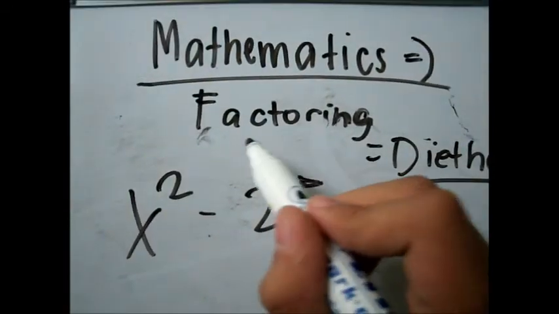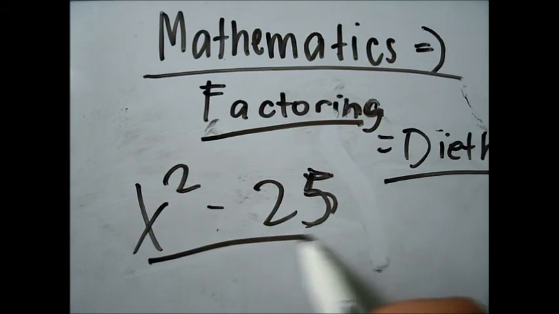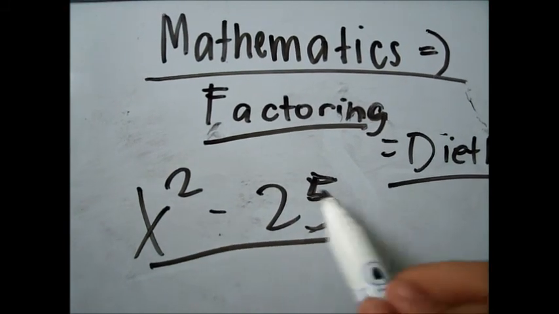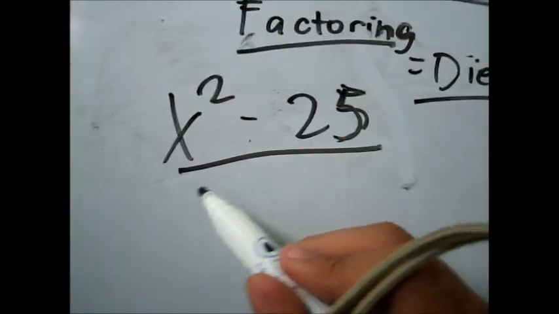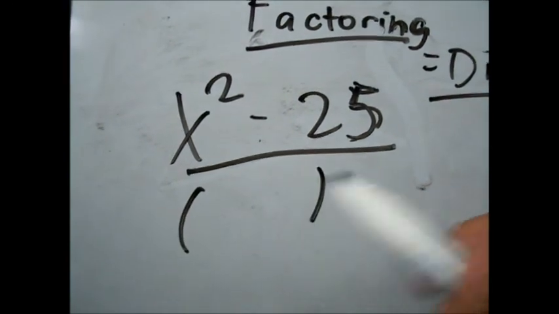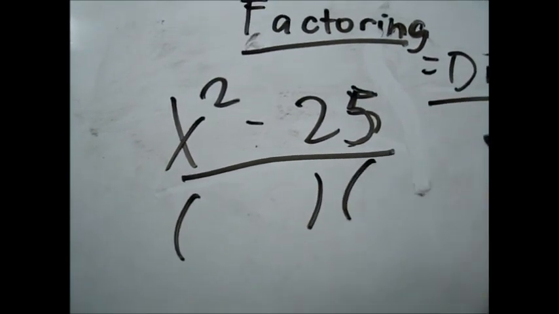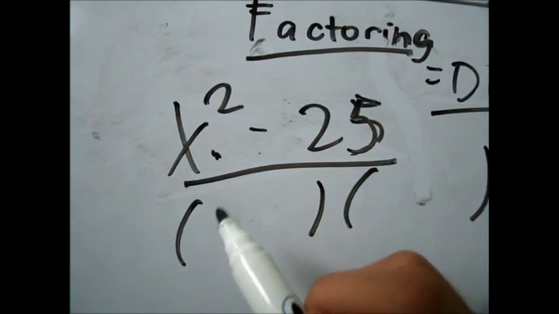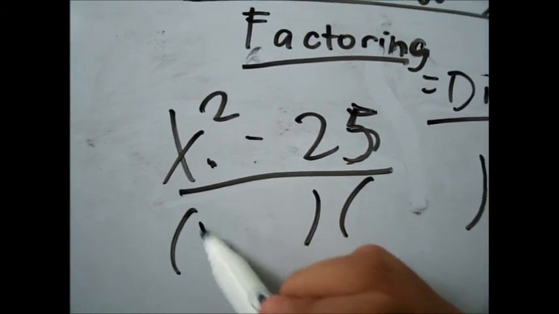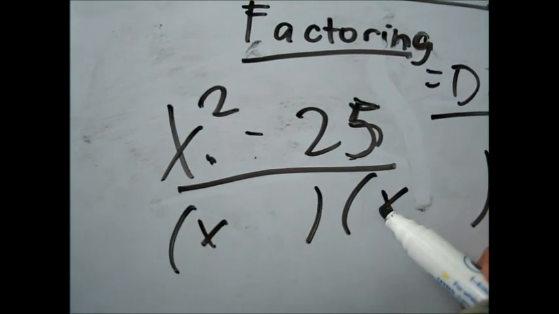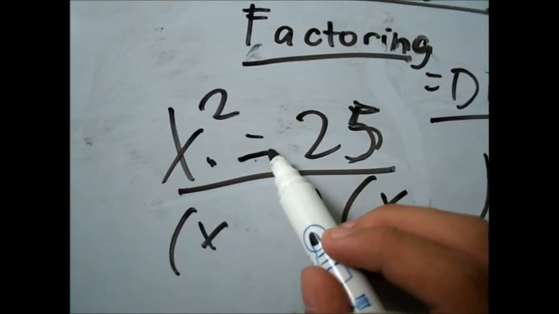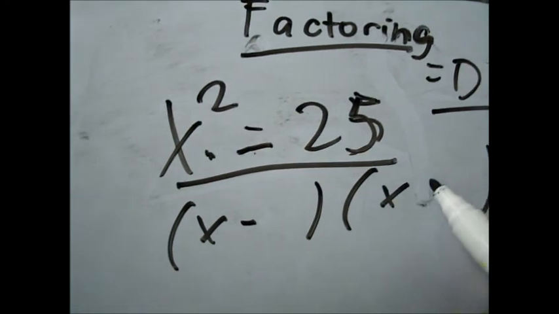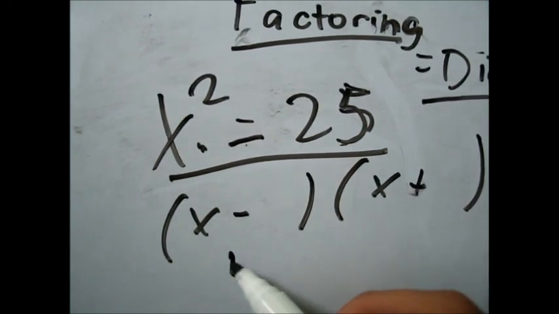I will teach you factoring in my second equation, x squared minus 25. So the first step is to group it into two quantities. The square root of x, the first term, will be x, and the sign will be negative and positive, or positive and negative.